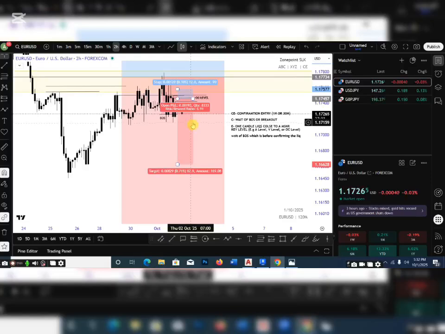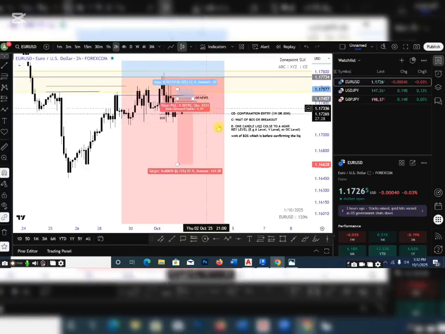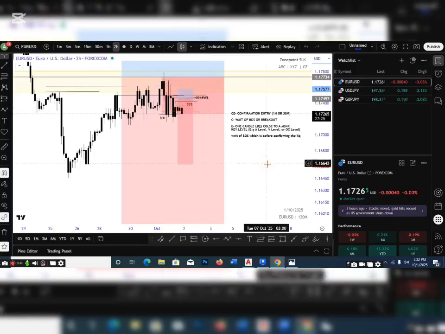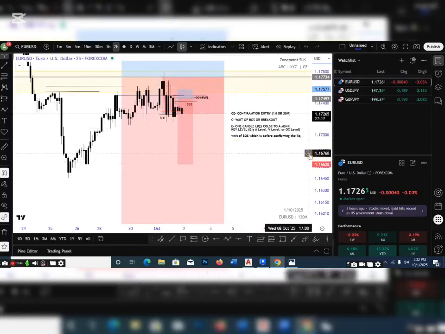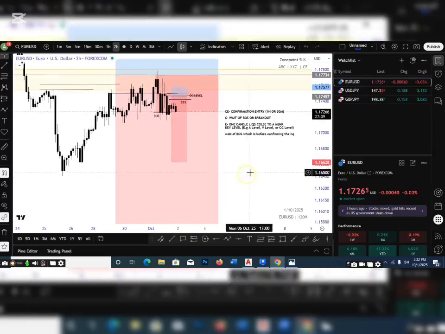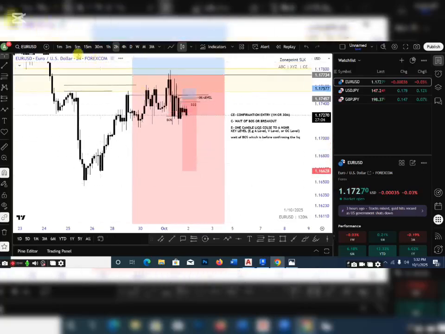If I'm risking $120, I'll be having like $720 in profit. Is that not good enough? And if I'm risking like $12, I'll be having $72 in profit. Still good, still makes sense, very okay. So that is about it.